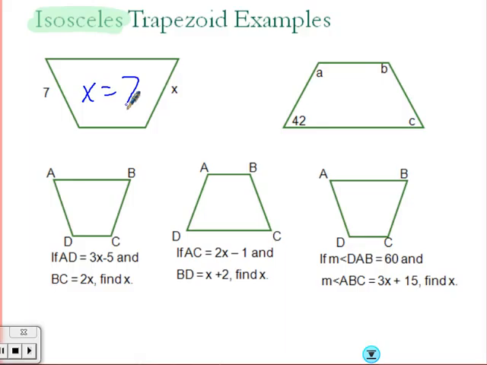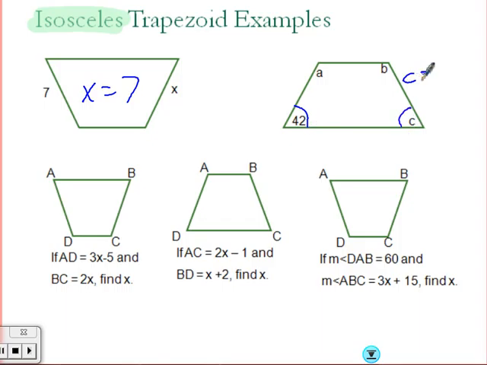Okay. And over here on the right side, this is where we get into the base angles. If you think of this as an isosceles triangle where the top has just been cut off, when we had an isosceles triangle, we had these base angles down here were congruent. Well, that same phenomenon exists in isosceles trapezoids. So that is congruent to that.